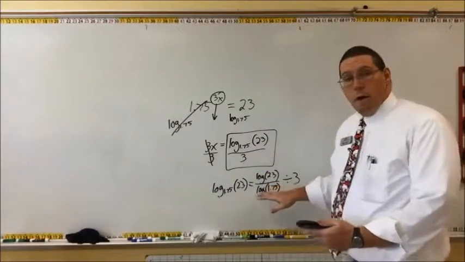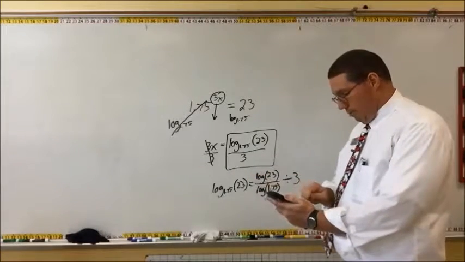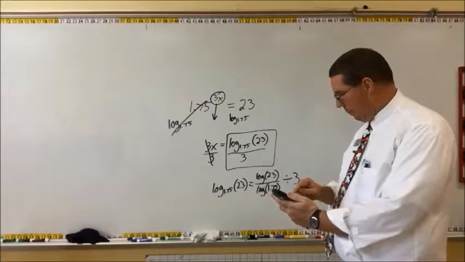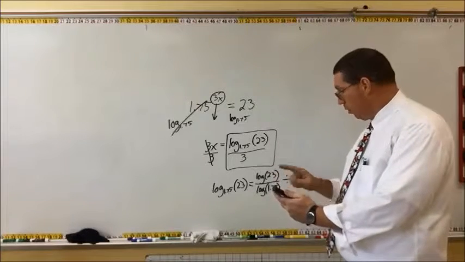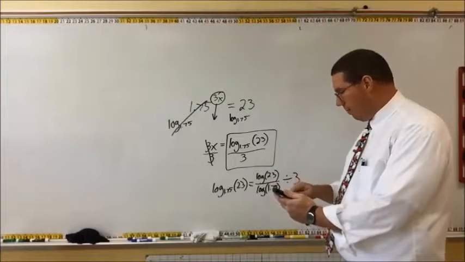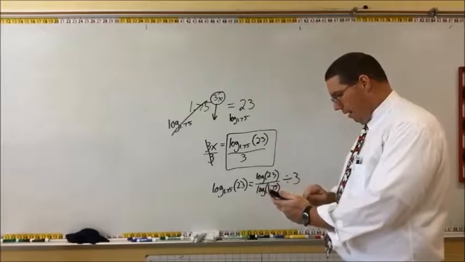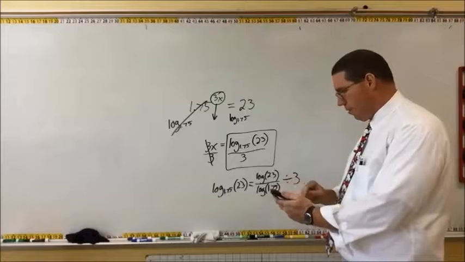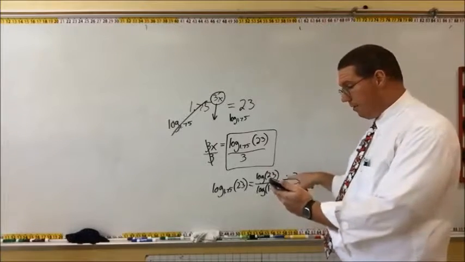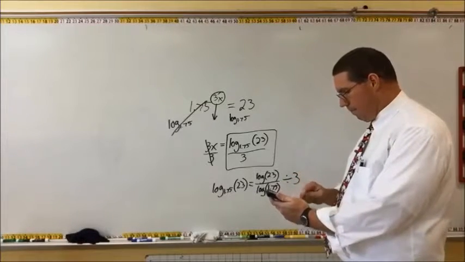So I'm going to hit log 23, close parenthesis, divided by log 1.75, close parenthesis, press enter, and then I'm going to divide that by 3, enter.